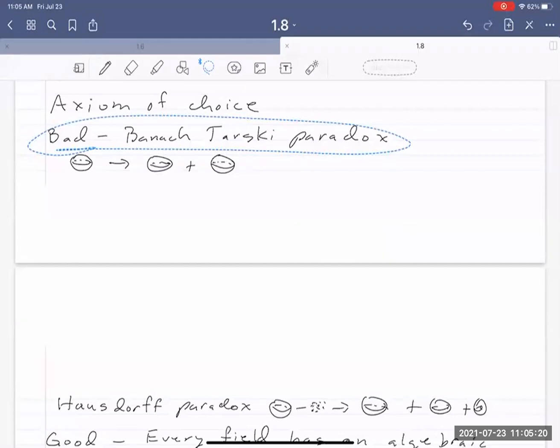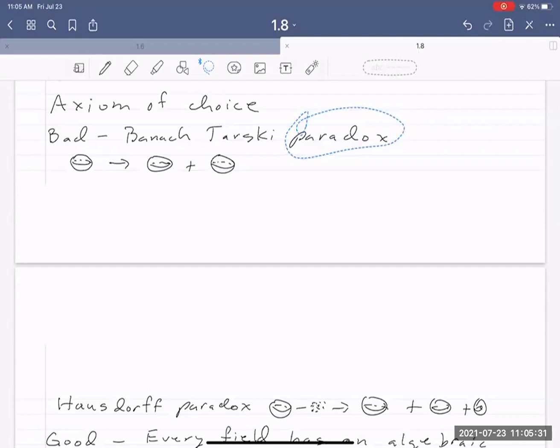So if you assume that the axiom of choice is true, then this statement follows. And this is why it's called a paradox, because it makes no sense at all. I am still disturbed to this day, because obviously I don't see it in real life. And not only don't I see it in real life, I understand the mathematics of it, but it's hard for me to accept.